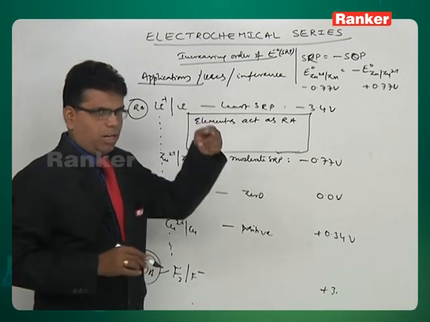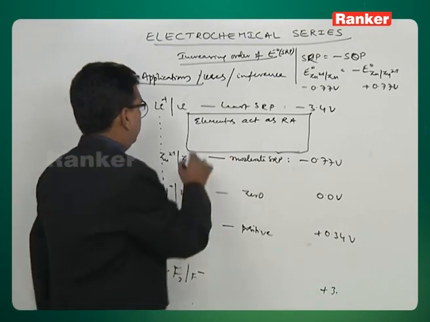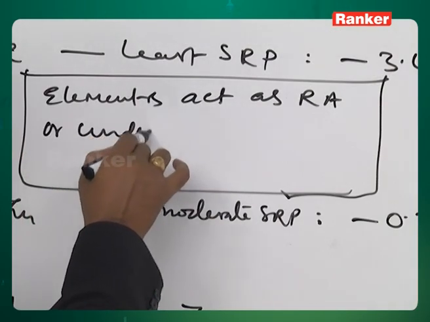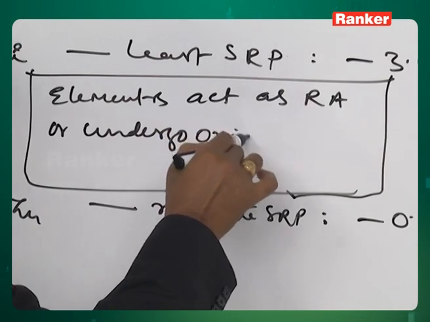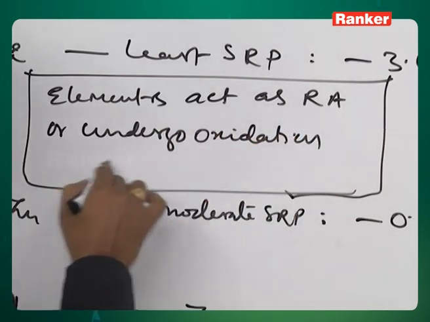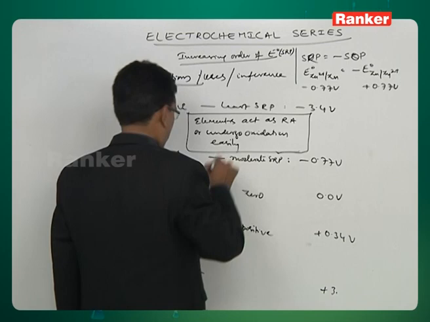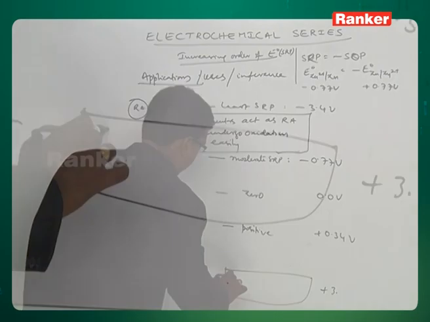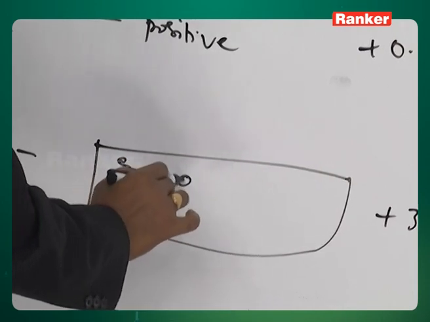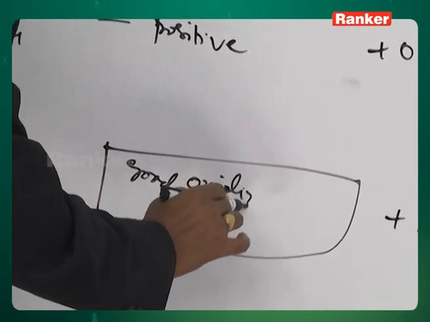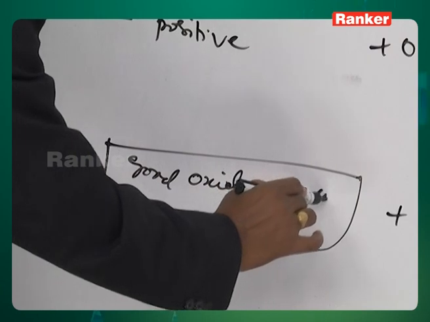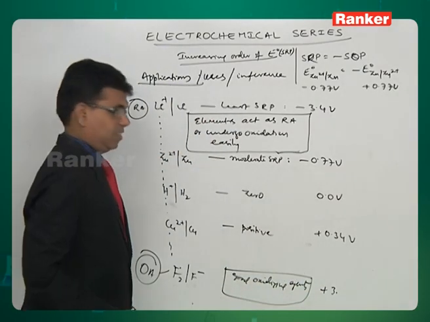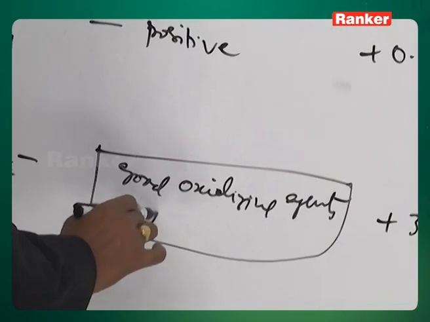They themselves undergo oxidation easily. And these elements act as good oxidizing agents, as they undergo reduction easily.